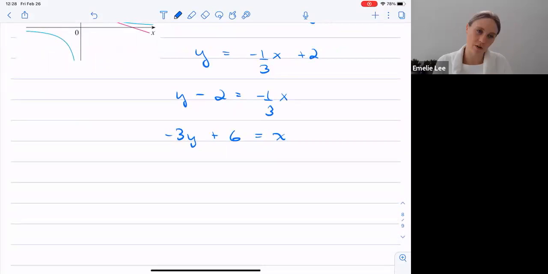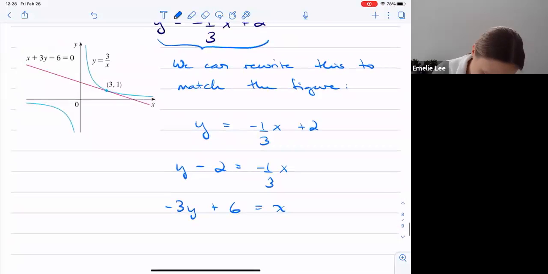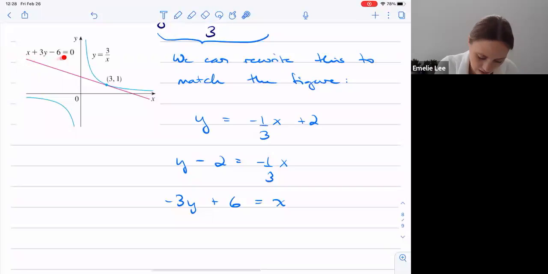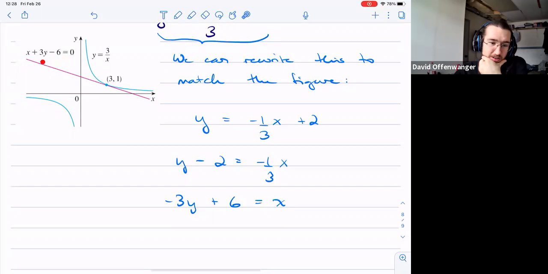Moving that x over, I get negative 3y... Oh, looks like they moved it to the other side. That's fine. Probably would have been easier just to shift everything over so that it was all equal to x, then multiply 3 by both sides.